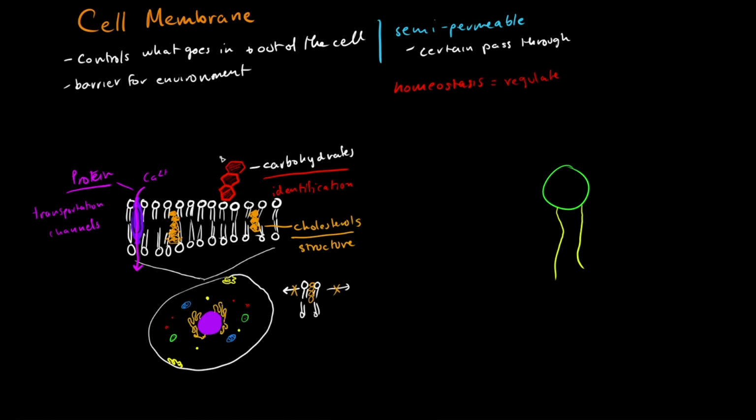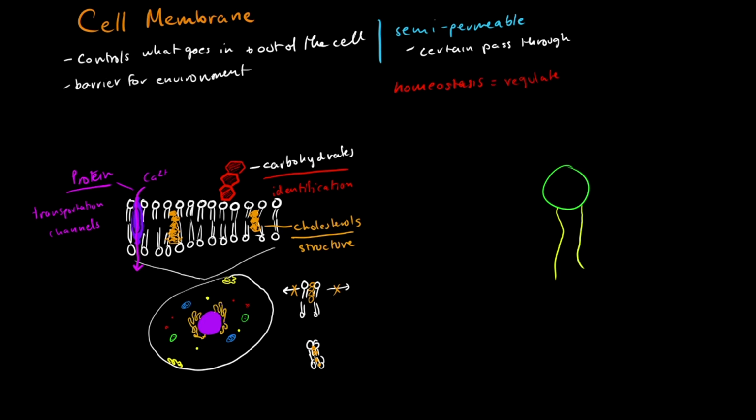Likewise, in colder temperatures, lipids tend to bunch up together. This means that things that can usually pass through the cell membrane can't, because it's just so bundled up. Which is why the cholesterol, yet again, provides a small barrier to ensure that these lipids don't get too close together.